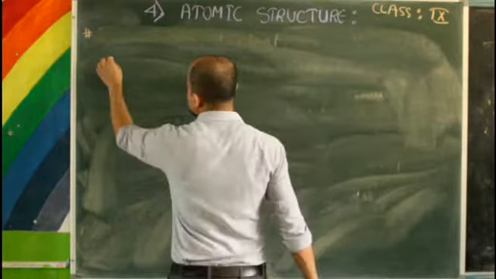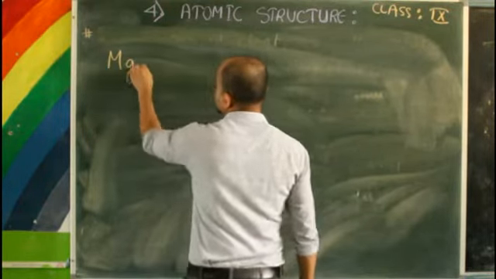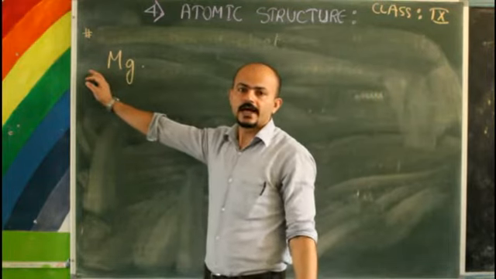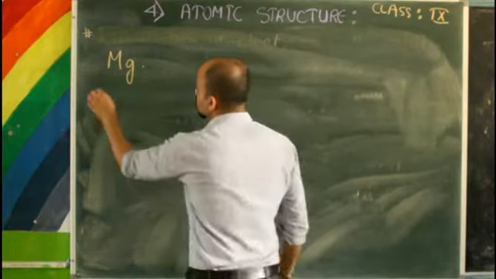So first we are going to discuss magnesium. What is the atomic number of magnesium? The atomic number of magnesium is 12.